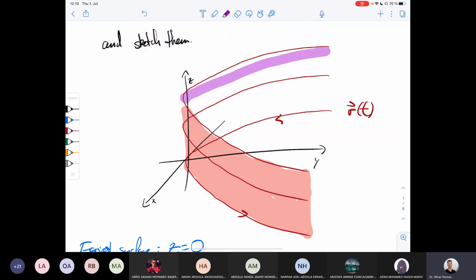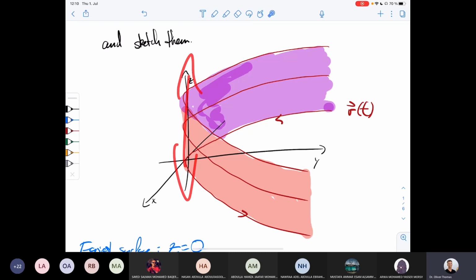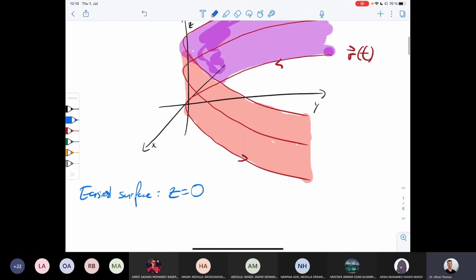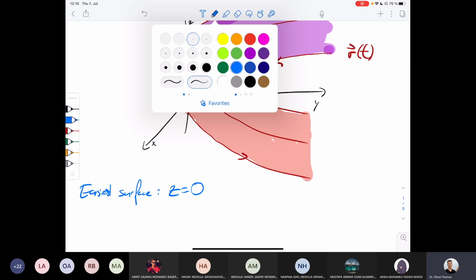Okay, let's go for purple. We would see something like this, right? Actually, no. Let's just try this part. Okay, so this would also be a surface that contains our curve, and of course continued up and down for infinity. And that is maybe the second easiest one.